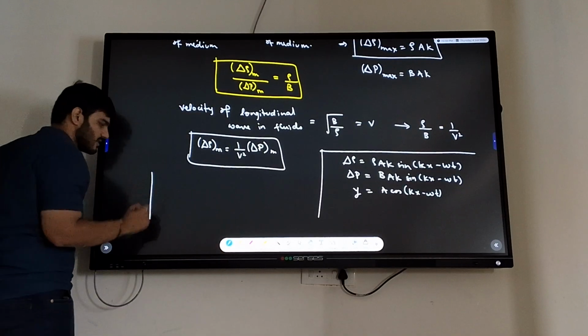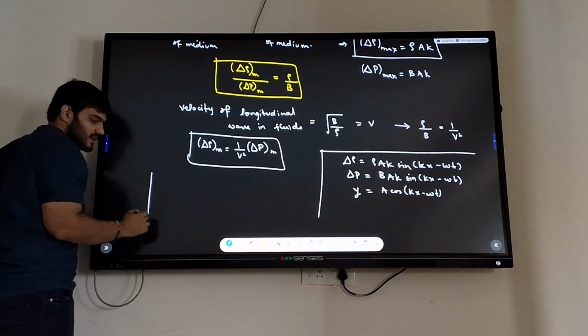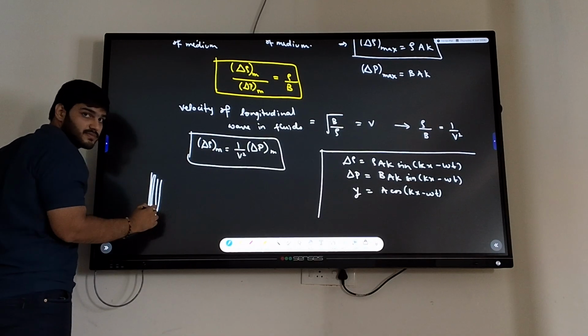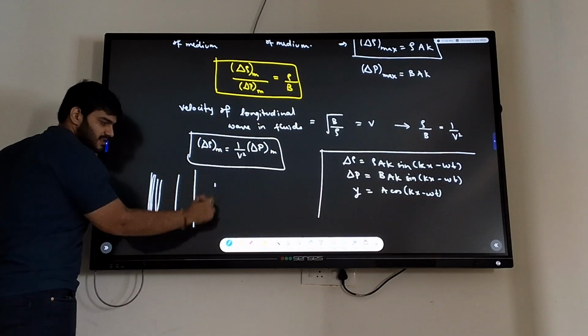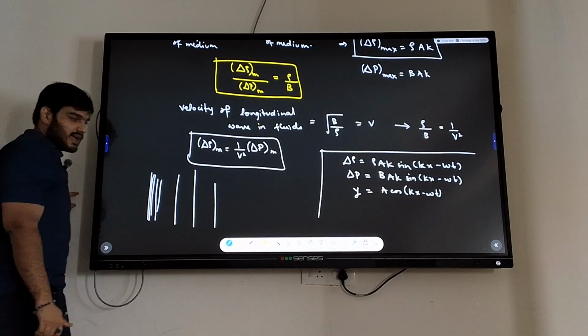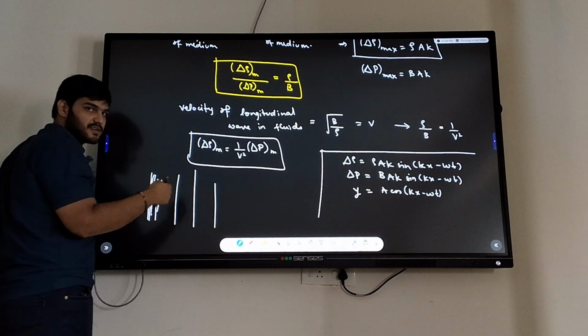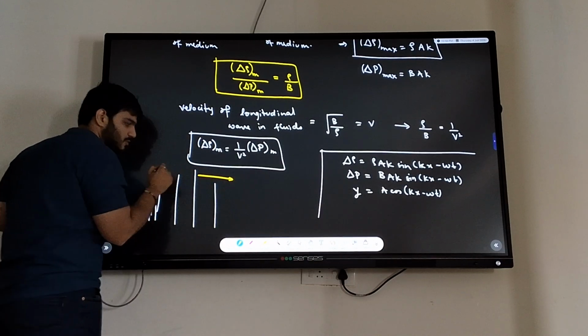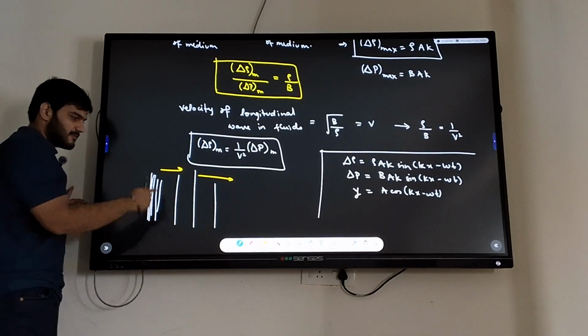See, regions where the density is more, there will be compressions. Regions where the density is less, there will be rarefactions. है ना? If you let the time move, that means as the time moves, this wave will move. I am fixing time here.